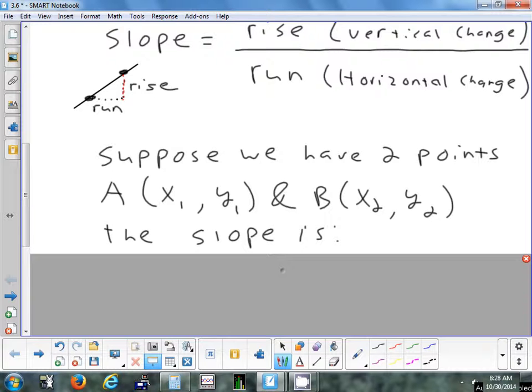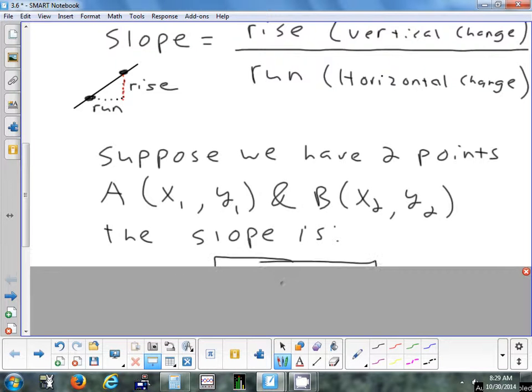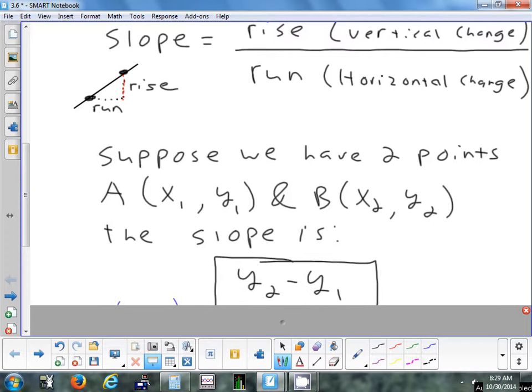Okay. Anybody remember how you do it that way? If you've got coordinates x1 and y1, your first x and first y value, and then x2 and y2, what's the formula for slope using your x1s, y1s, and all that? Kier? m equals y2 minus y1 divided by x2 minus x1.